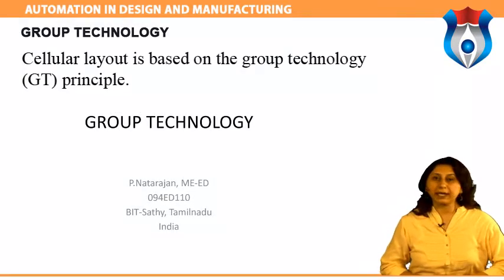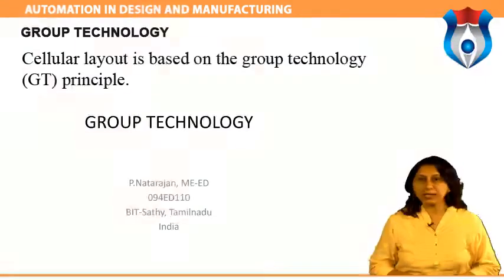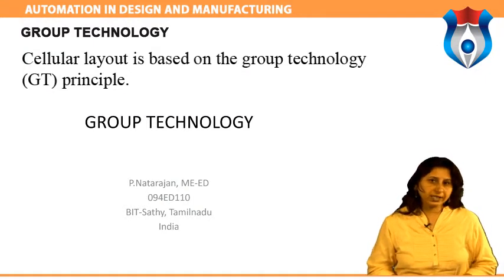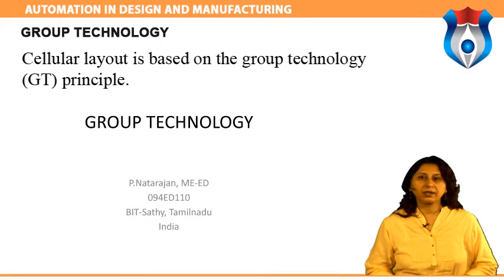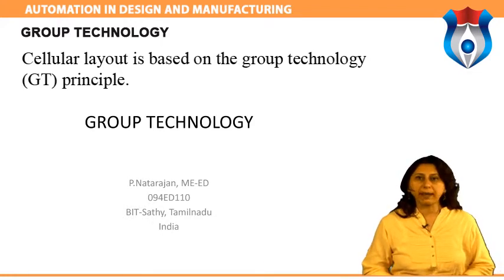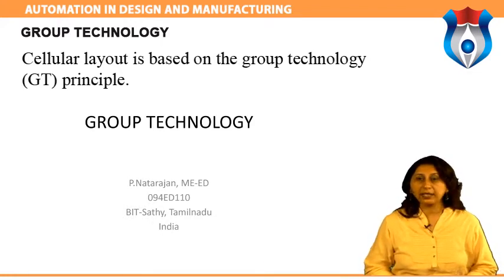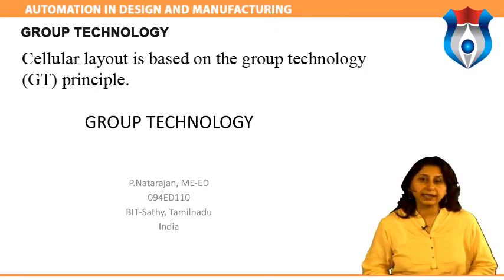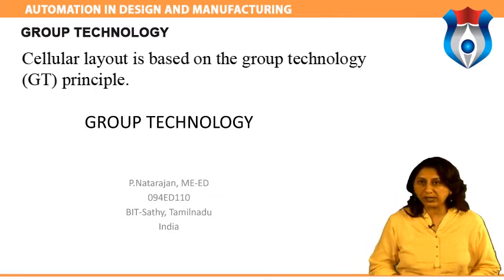Cellular layout is based on the group technology (GT) principle. Therefore, it is called group layout. This layout is suitable for a manufacturing environment in which a large variety of products are needed in small volumes or batches.